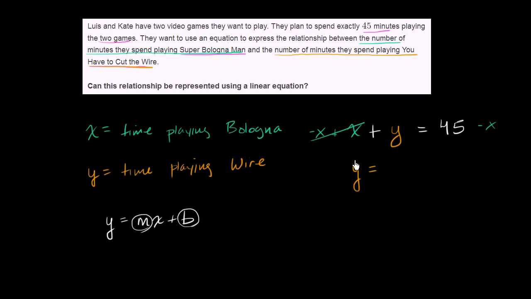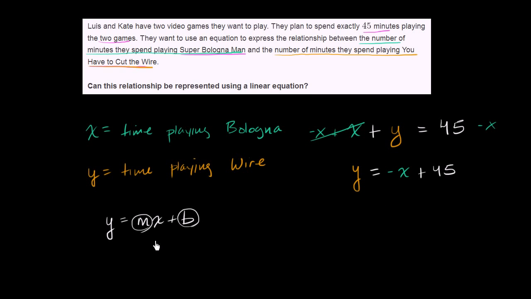Actually, let me write the negative x first because we have the x term first. So y is equal to negative x plus 45. All I did is switch these two terms around.